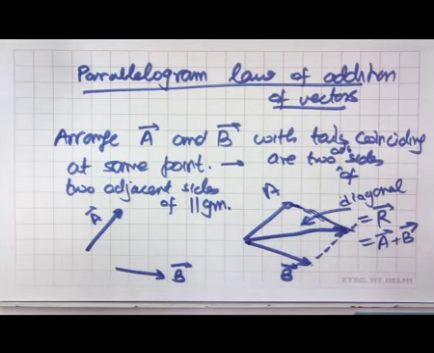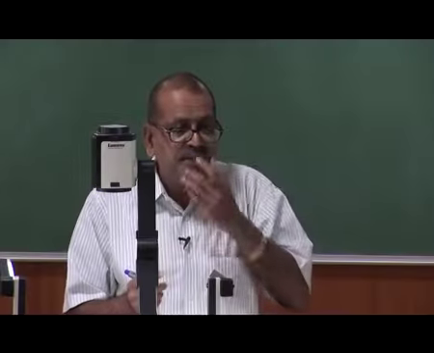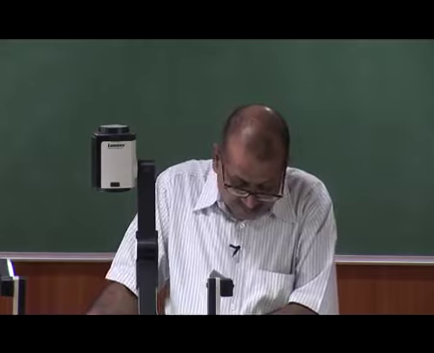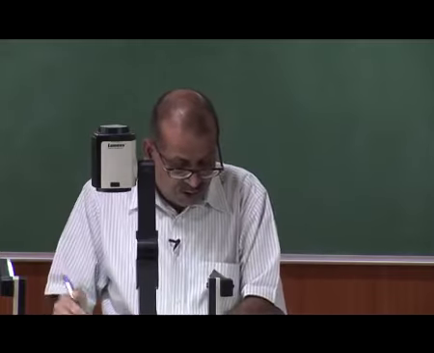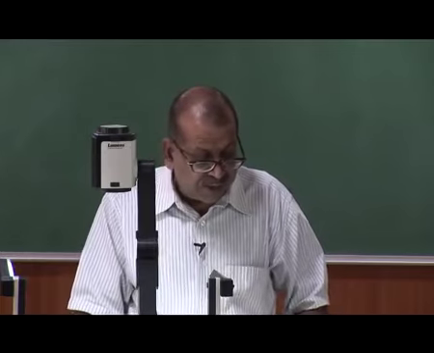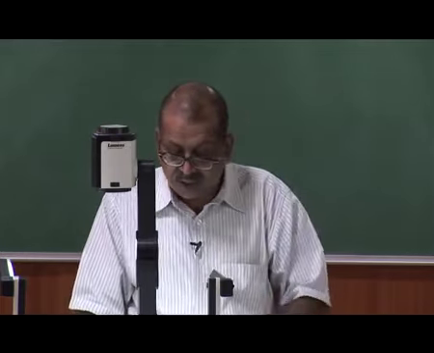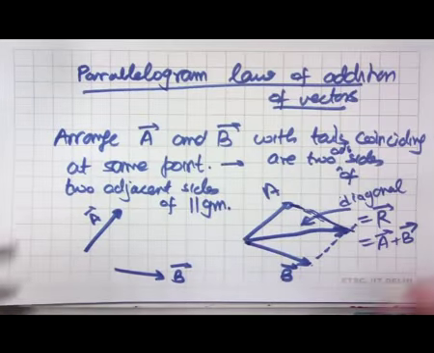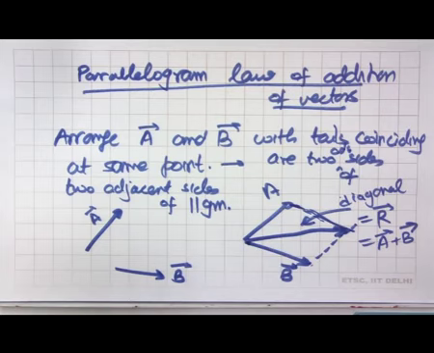Sometimes we use the symbol R because often the sum is called the resultant, but you can use any symbol. So, here the diagonal of the parallelogram gives us the sum of vectors A and B, and this is how we do addition using the parallelogram law of vectors.